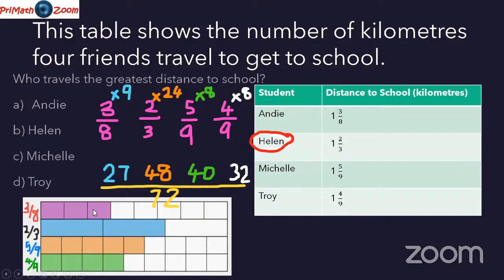As you can see, 3/8 is right here, 2/3 is here, 5/9 and 4/9, and you would see that 2/3 is the greatest portion. And so it would simply mean then that Helen, who travels 1 2/3 kilometers to school, travels the greatest distance to school.